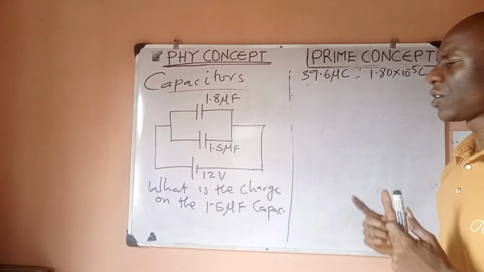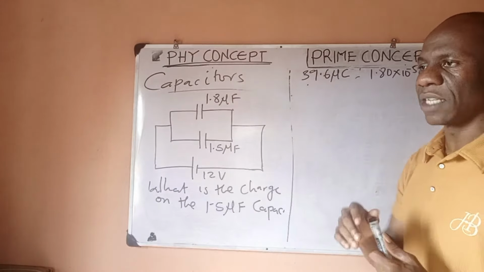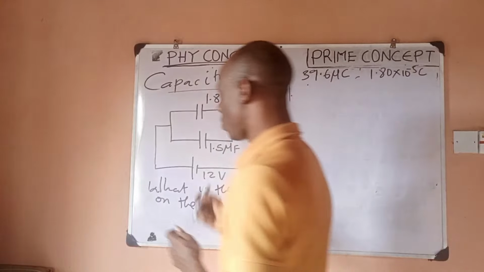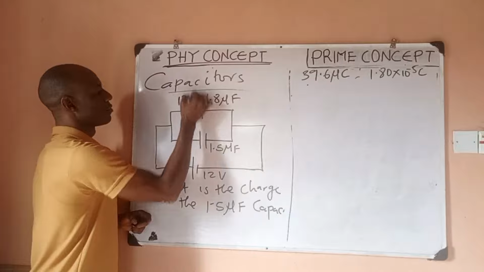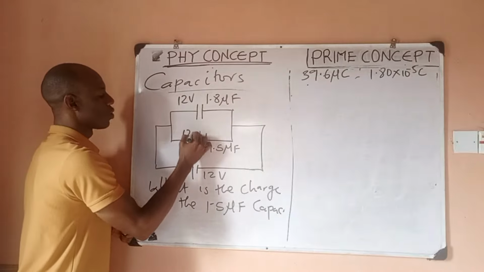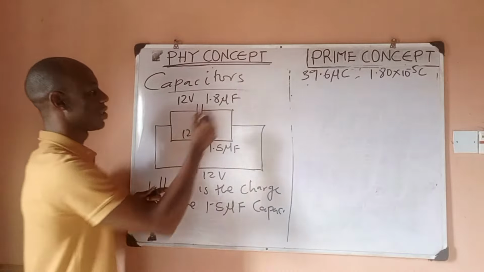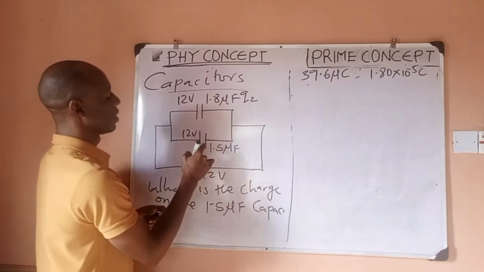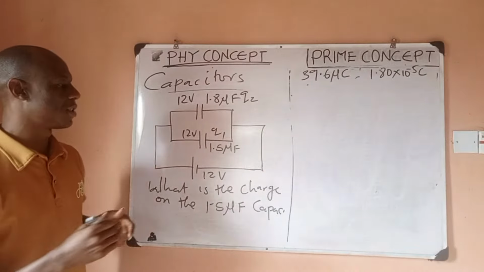First, you need to ask yourself, when you have capacitors in parallel, what is constant for them? Voltage here is 12 volts. The voltage here is also 12 volts. That is the first thing you should know. And their charge is different. The charge in this place, I'll call it Q2. The charge in this place, I'll call it Q1. So if you know this, you have solved it.